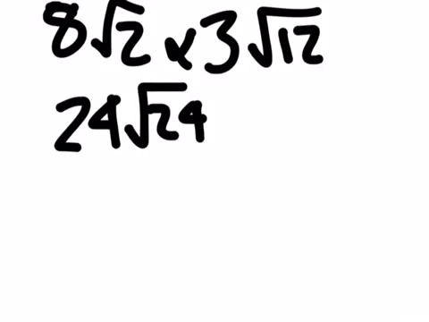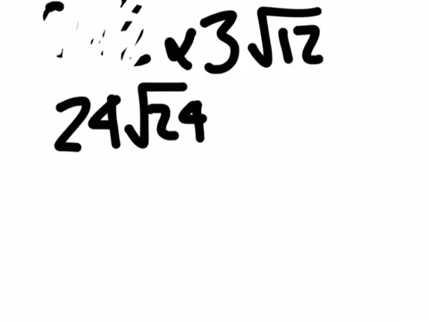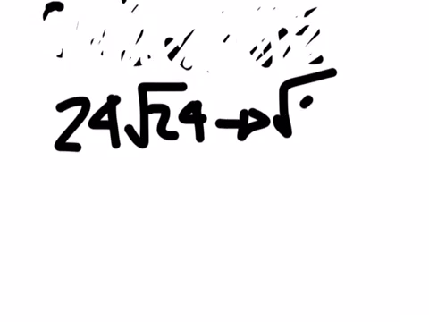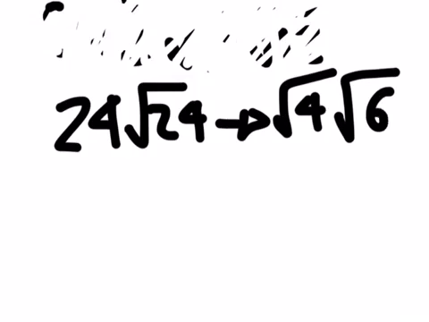All right, let's erase this. For example, we get the square root of 24 by multiplying the square root of 4 and the square root of 6.